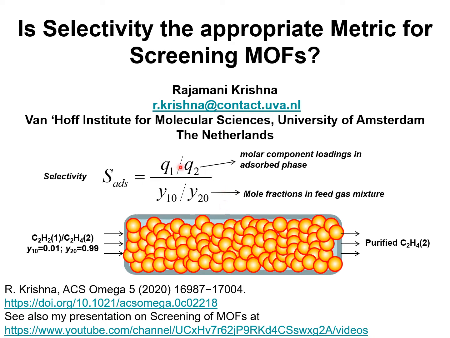Most commonly, the adsorption selectivity is determined from the ideal adsorbed solution theory. Now, mixture separations using MOFs are commonly carried out in fixed bed adsorbers, illustrated here for a specific example of the separation of ethine, component 1, and ethene, component 2.